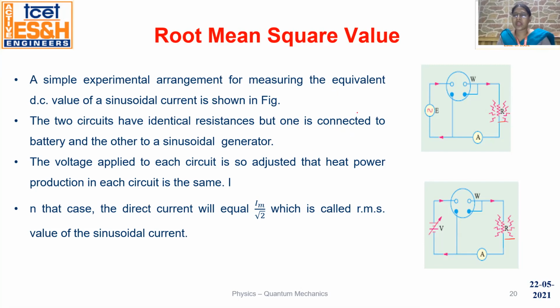Now, in the first circuit we give an AC voltage, and in the second case we give a DC supply. Now, as per our definition, the same amount of heat should be developed: I square R and I square R.